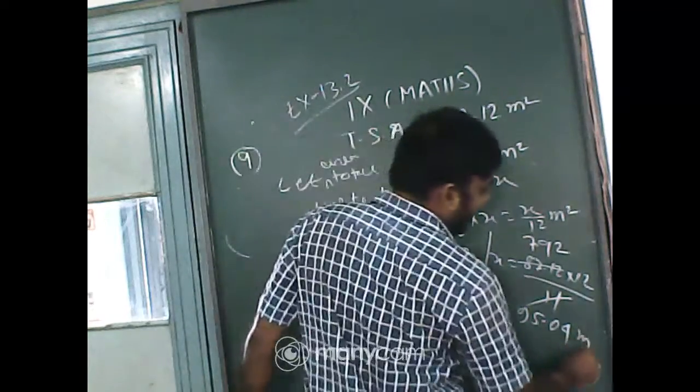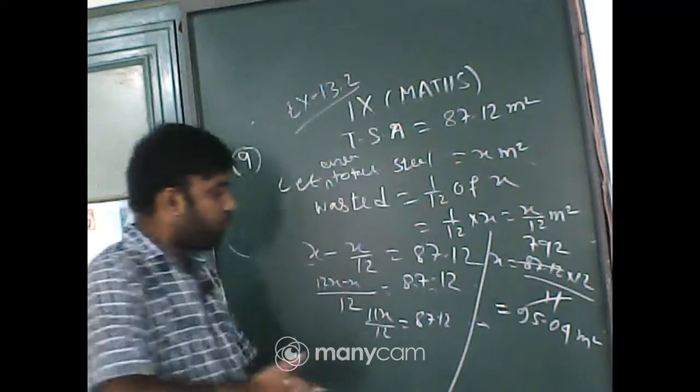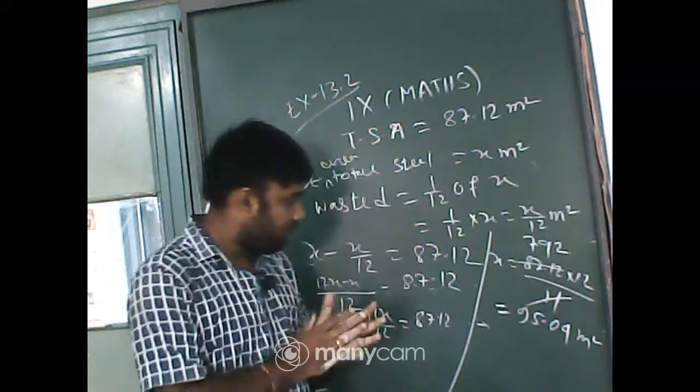So total area of steel required is 95.04 meter square.